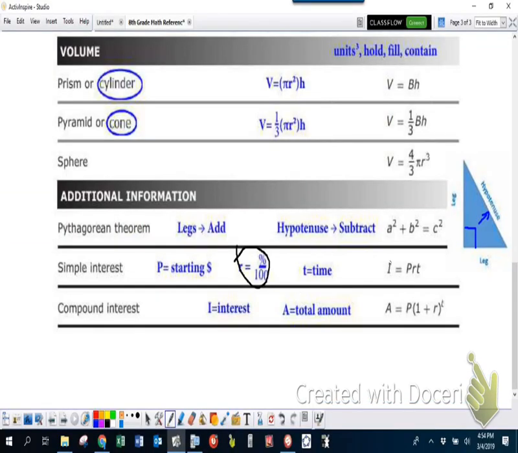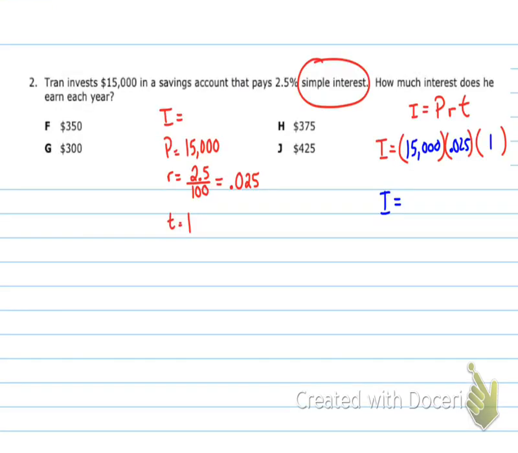Sometimes I get this mixed up with this. You all need to make sure that when you're using I, you're solving for the interest, but when you're using A, you're solving for the total amount. In this particular question, it's asking me for how much interest. It's asking me for I. I'm going to get the answer for I. So all I got to do is type that in.